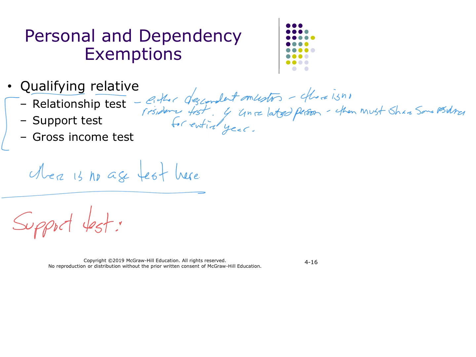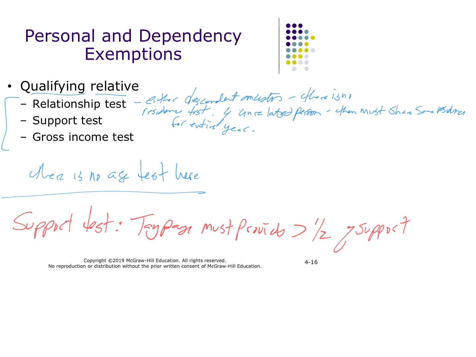It's about how much the taxpayer, okay? So the taxpayer must provide more than half of the support, okay?